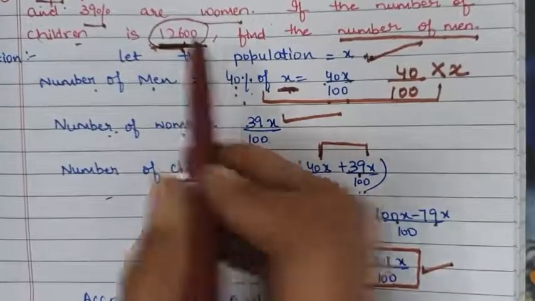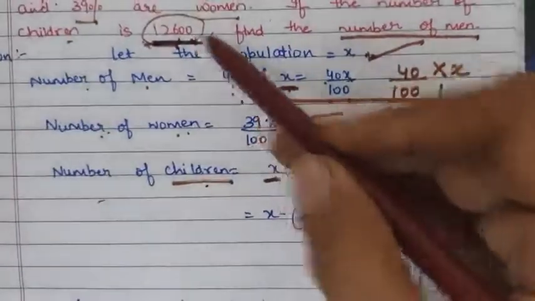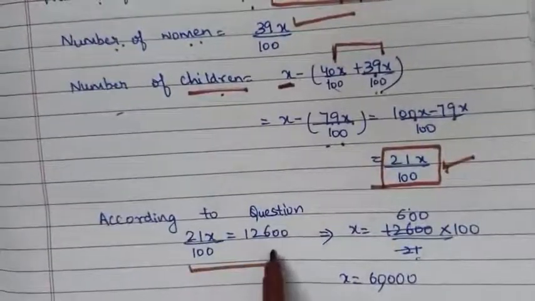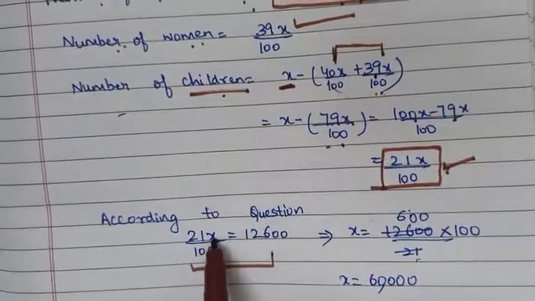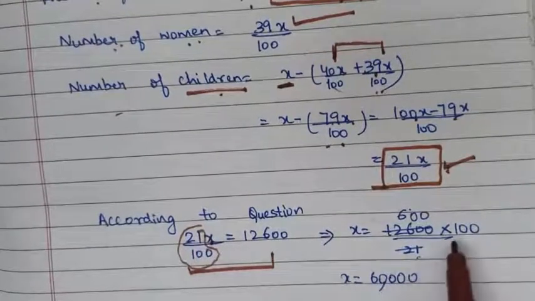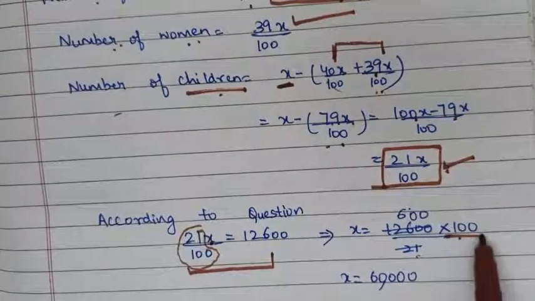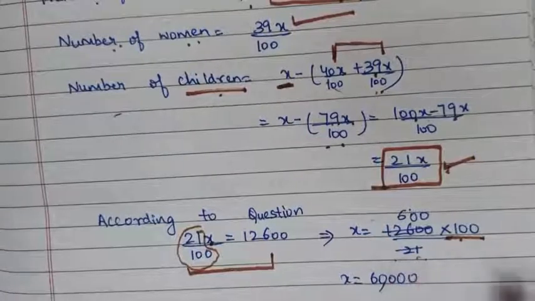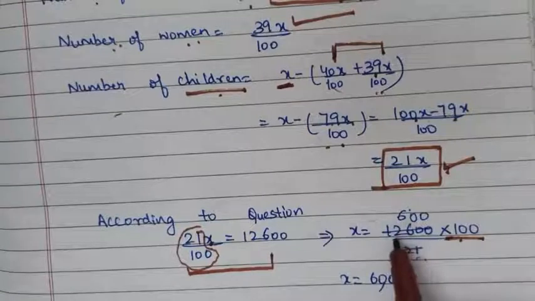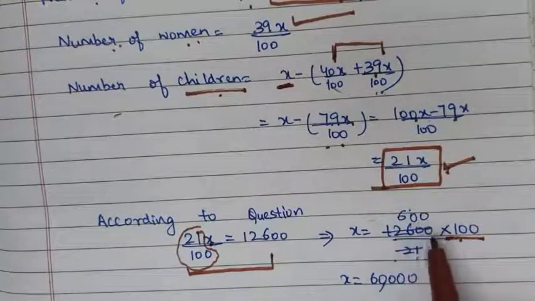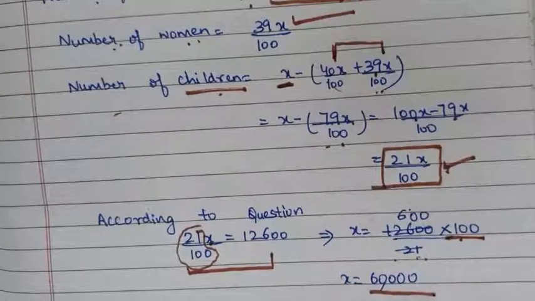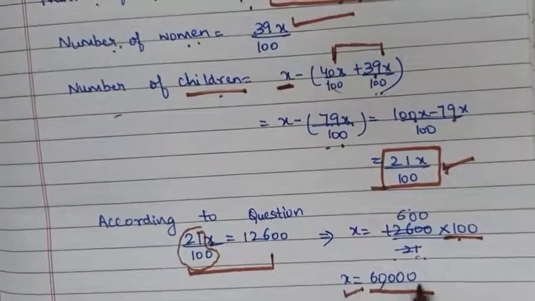So according to the question, they must be equal. So put them equal. Now x will remain here, this 21 upon 100 will go there and form 100 upon 21. So now 21 sixes are 126, and 0s as such. So we get 60,000. So x is 60,000.